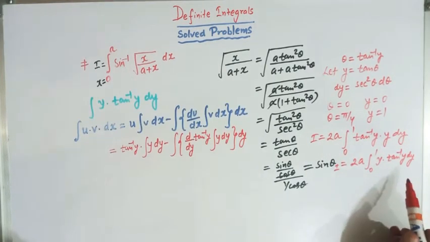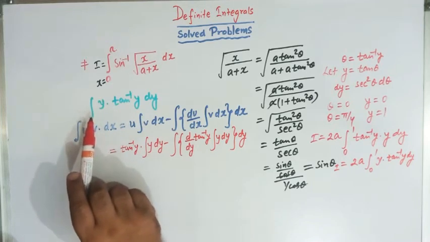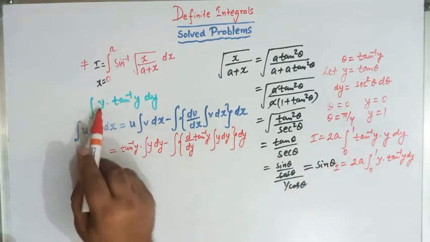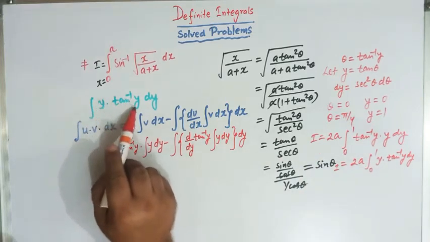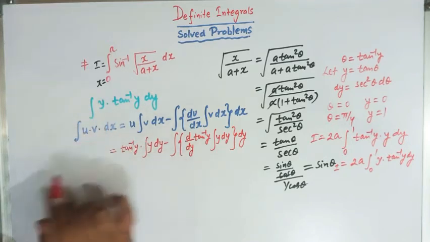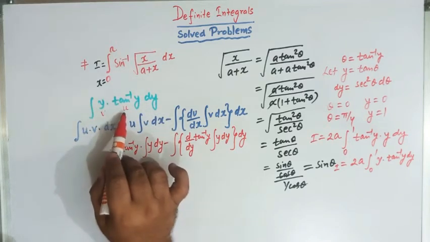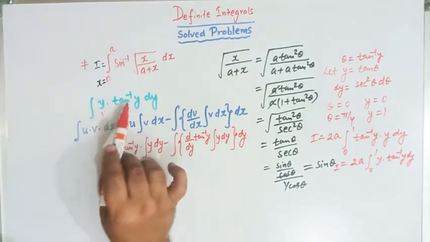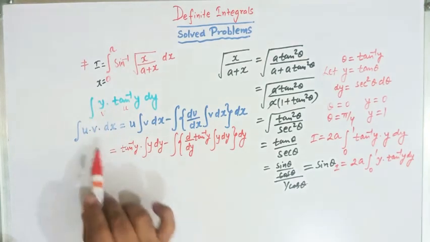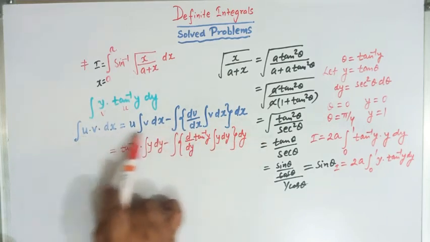Now viewers, applying the method of parts to evaluate this integral, that is y multiplied by tan inverse y dy. So here this is u and this is v. So this is the first function, the inverse function, and this is the algebraic function. So the formula for parts is given by this expression.